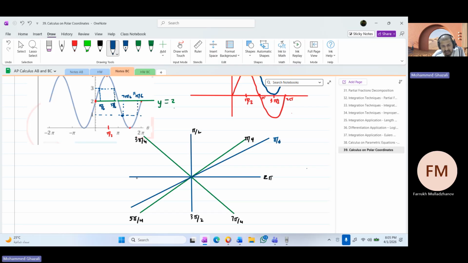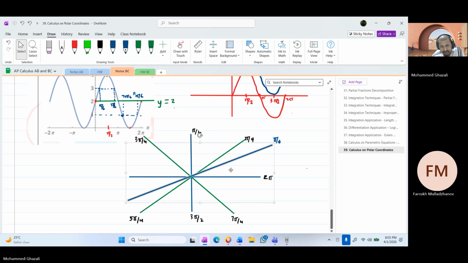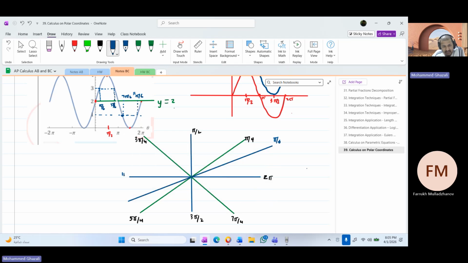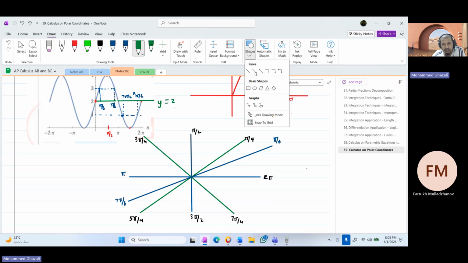And if you go to the other side, a little bit lower down, sorry. This is pi, so 6 pi by 6, 7 pi by 6. And then the other 30 will be closer to, what about 150?